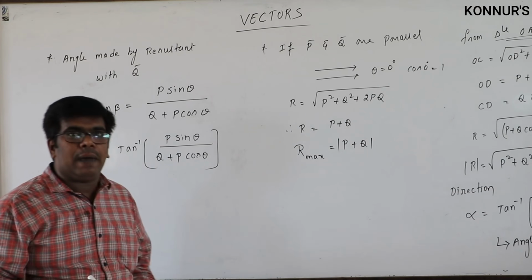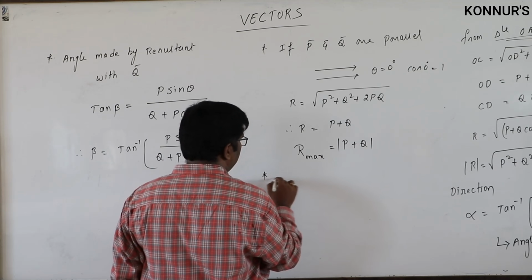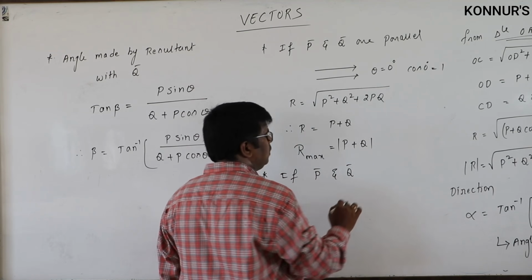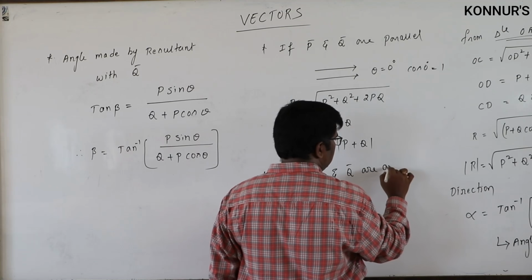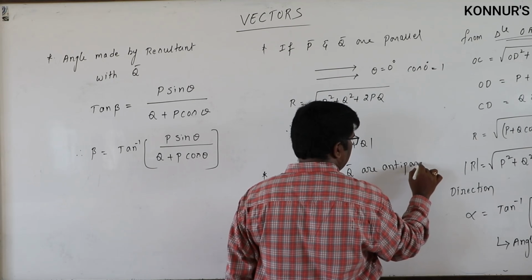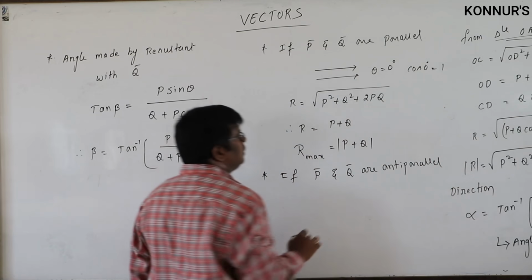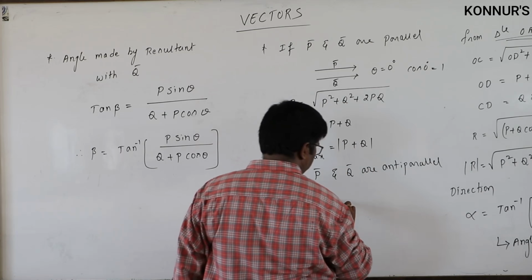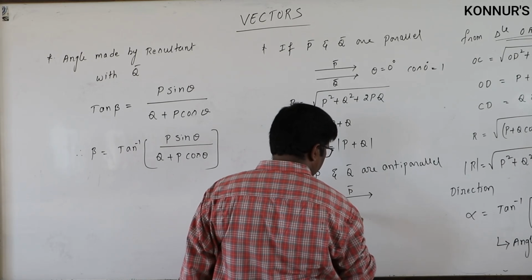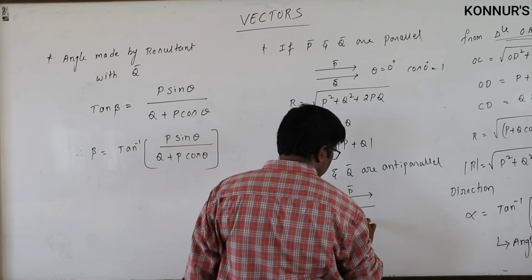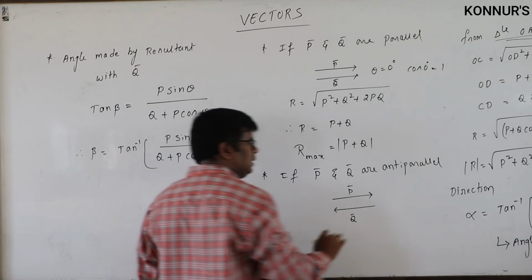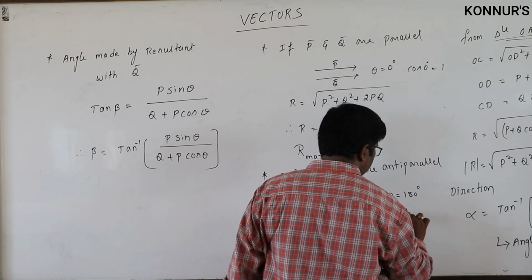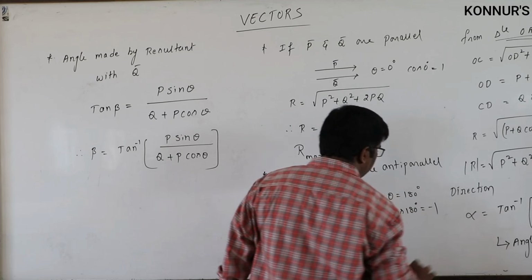Similarly, when they are anti-parallel, if p bar and q bar are anti-parallel, in the sense that they are in opposite directions, then theta equals 180 degrees and cos 180 degrees equals minus 1.